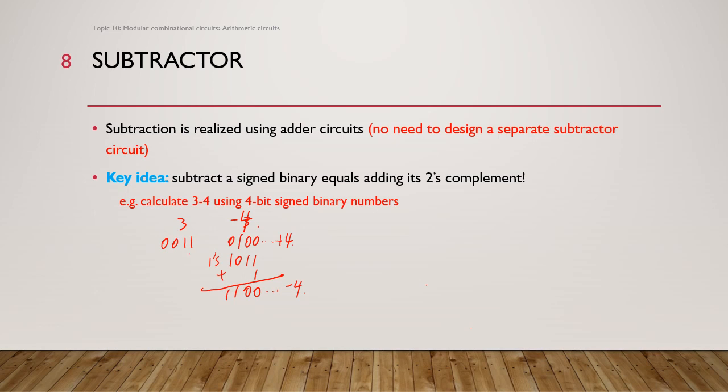Then we add these two numbers together. We will get 1111. Then we got this result. But how do we know this is the right representation for negative 1? Here's how to check. First, the sign bit is 1, which means it's a negative number. Then we take the 2's complement again.